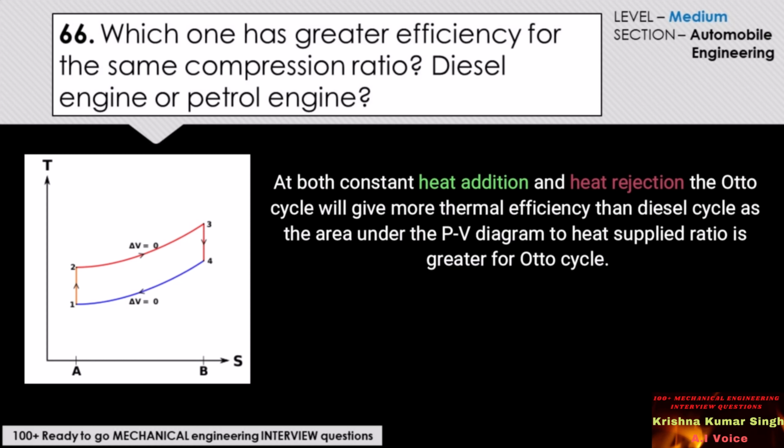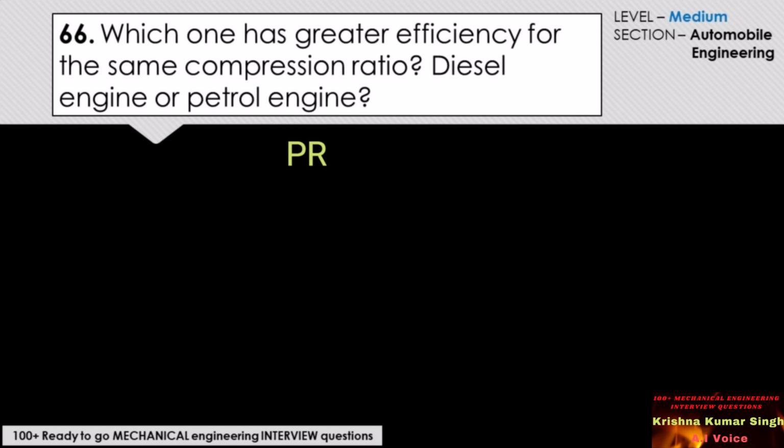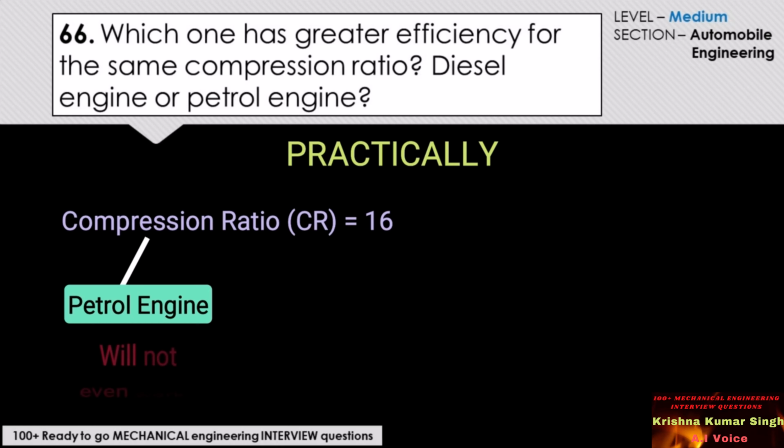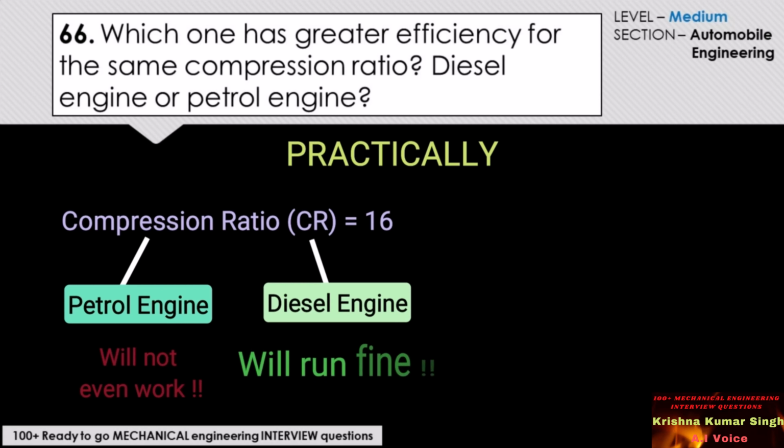But if you look at this practically, and let's say that compression ratio is 16 for instance, then the petrol engine will not even work, as there will be a huge detonation in it. But diesel engine will run fine and its efficiency will be larger.